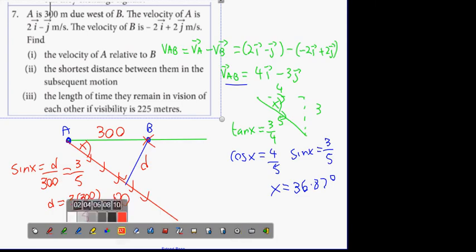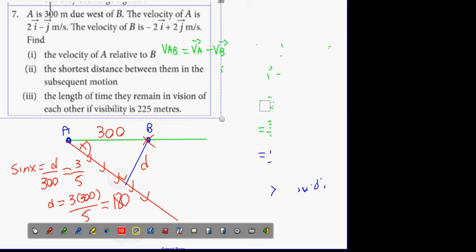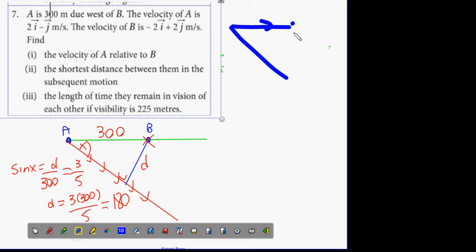Now, we know that that's 180. The next question asks the length of time for which B remains visible if the visibility is 225 meters. Remember from earlier that it was 4 across, 3 down.